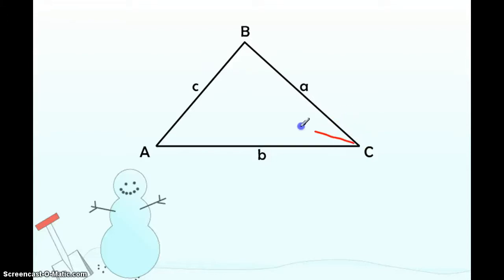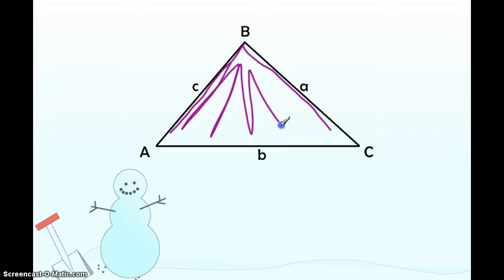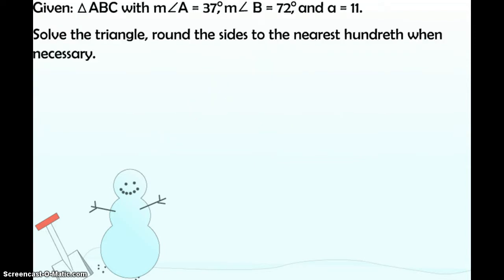So if it was a really skinny angle, the opposite side would also have to be pretty skinny. If it was a larger angle, like angle B, it's going to take up more space. So the opposite side is going to be larger. That's where those ratios are coming from. And we're going to use that to solve for a triangle.